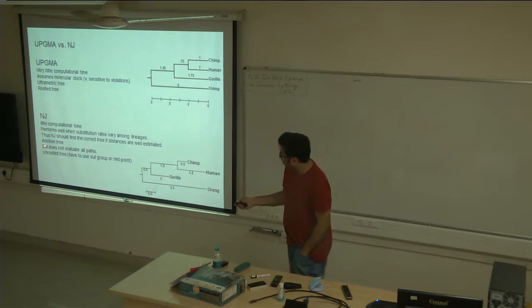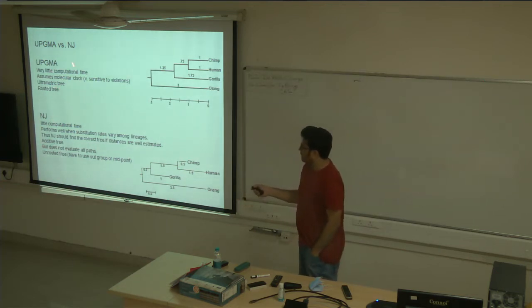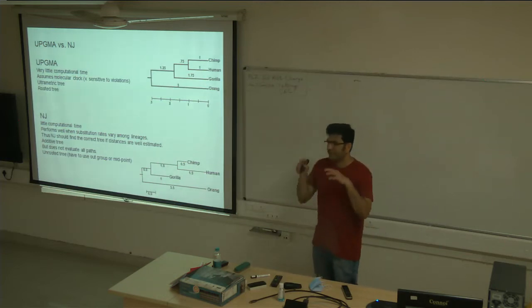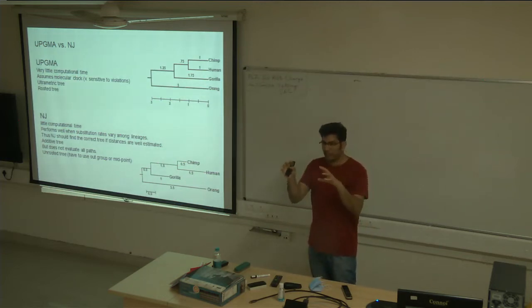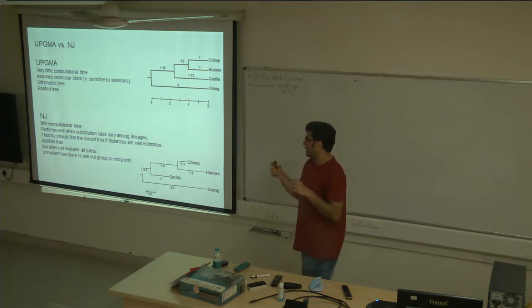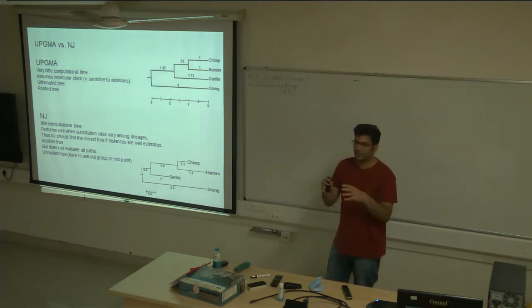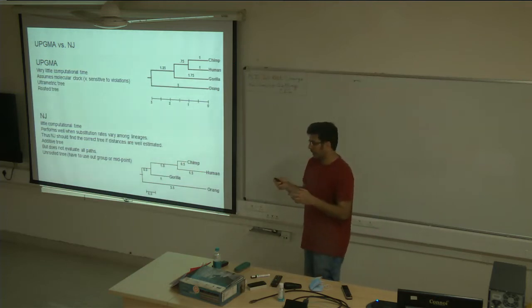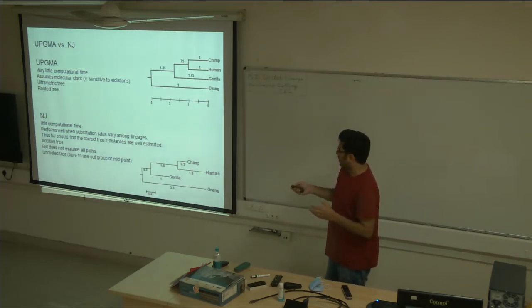Another important point here is that neighbor joining and UPGMA both give you one single tree. It does not evaluate all the possible trees that your data set can have. You'll see in the next slides what I mean by it.